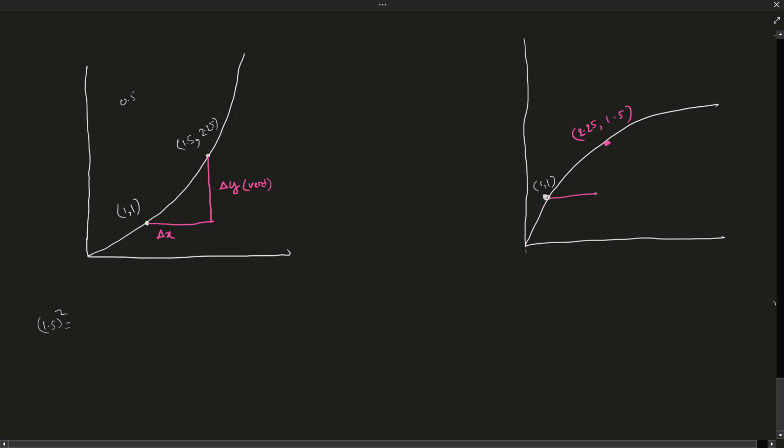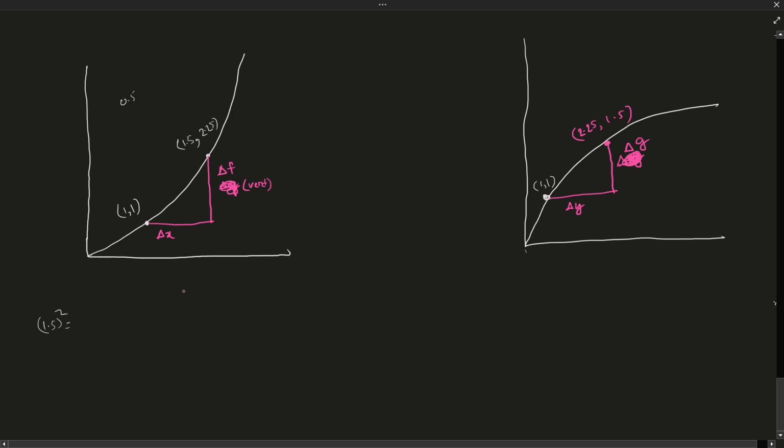So this is our del y, and this is our del g. Sorry, it's not del y, it's del f.